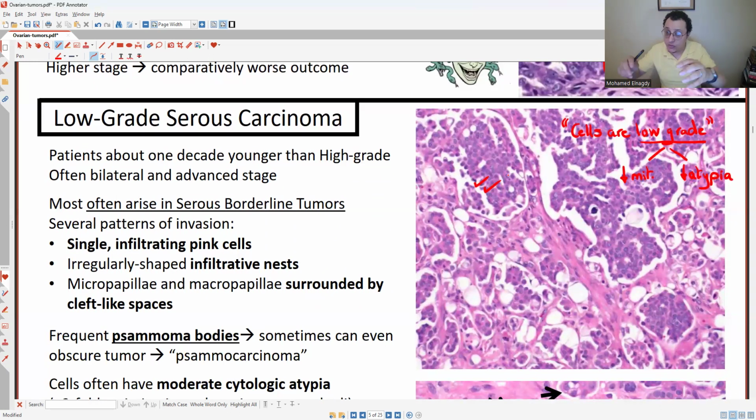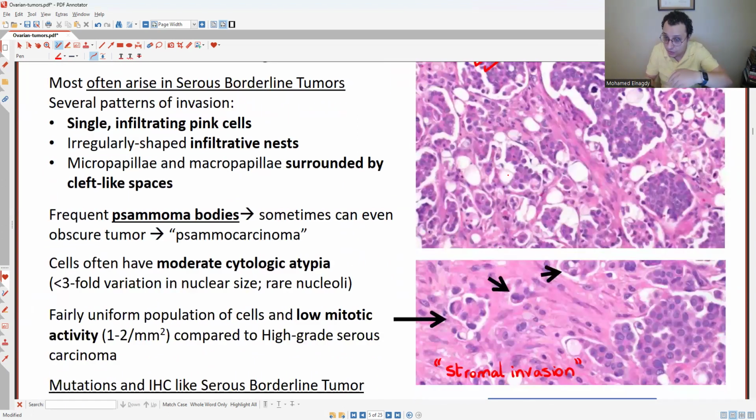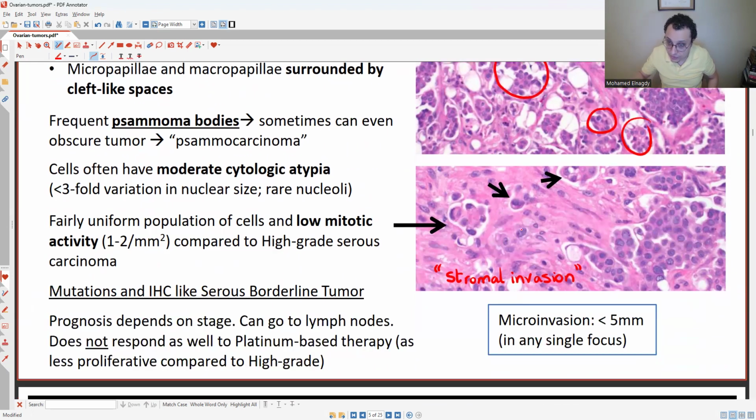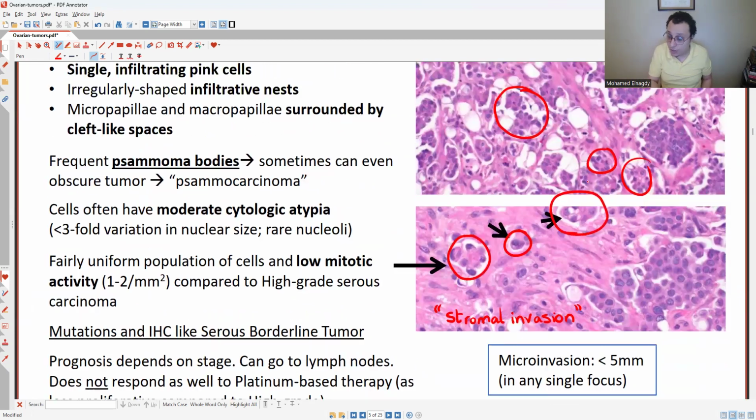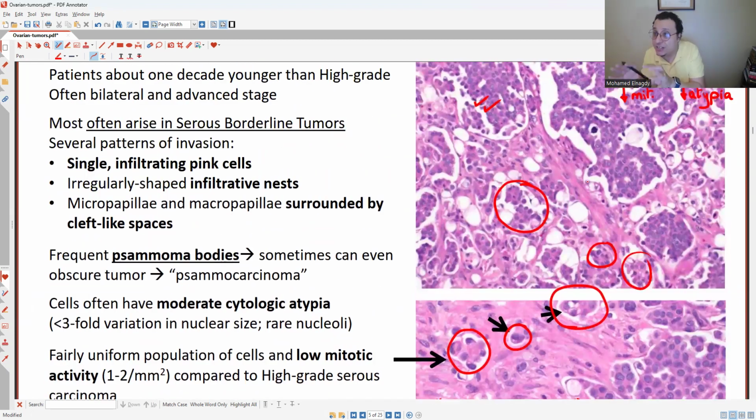However, these cells are invading the ovarian stroma. See, here is the ovarian stroma, and it's invaded by nests of cells. You have sometimes single cells, nests of cells, sending seeds inside the stroma, showing stromal invasion. If I see stromal invasion, this equals carcinoma.